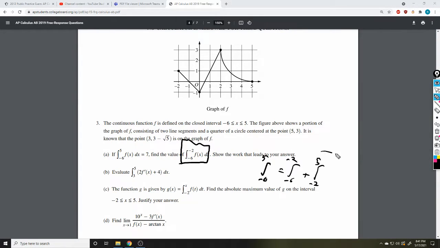So we're figuring out what this is. We know that already that this is 7. We were given that in the problem. And so we're going to solve for that integral from -6 to -2. So lots of pieces going on here. Let's take a look.